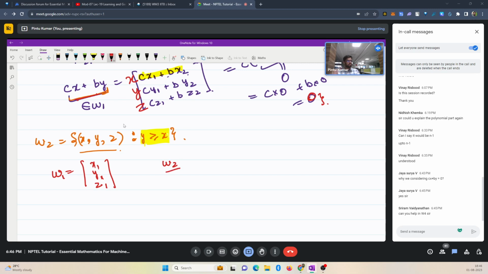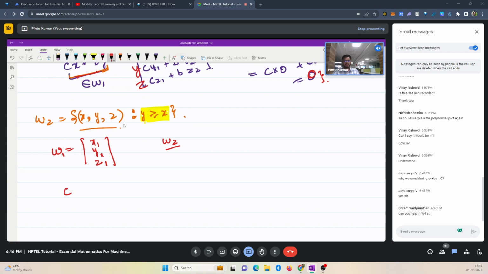We don't care about w2 right now. If you want to look at Cw1 plus Bw2, I'll take a particular choice. Let's say we take C equal to -1 and B equal to 0.